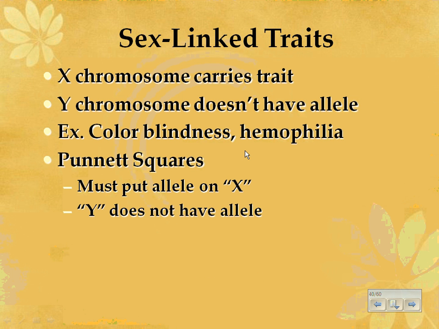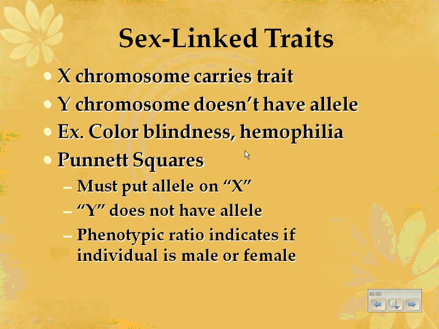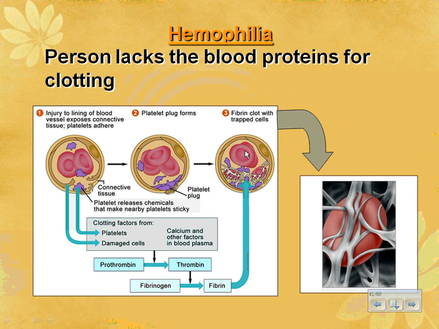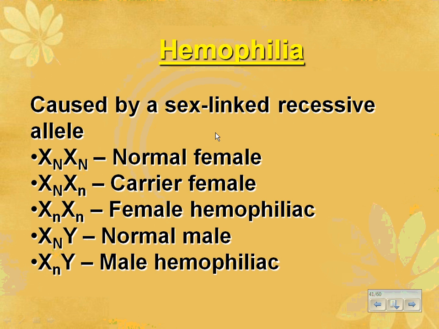The phenotypic ratio indicates if the individual is male or female. So if we look at hemophilia, a person lacking blood proteins for clotting, you could have someone that gets a bruise and is not able to stop it from bleeding. It's caused by a sex-linked recessive allele.